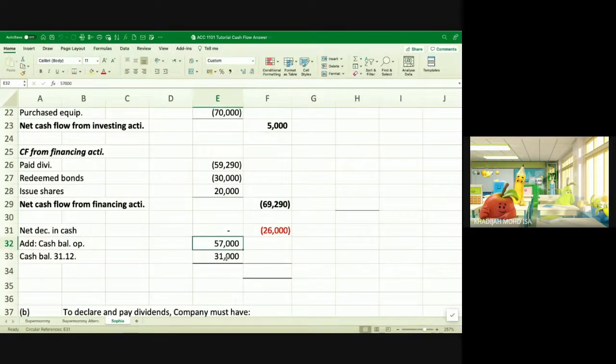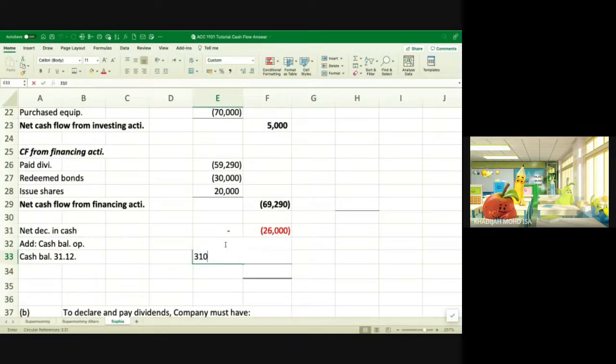Opening balance was 57,000, closing balance is 31,000, right? So I put it like that. Here your changes during the year is 31 minus 57. That's how you get it. Usually here is plus 50.